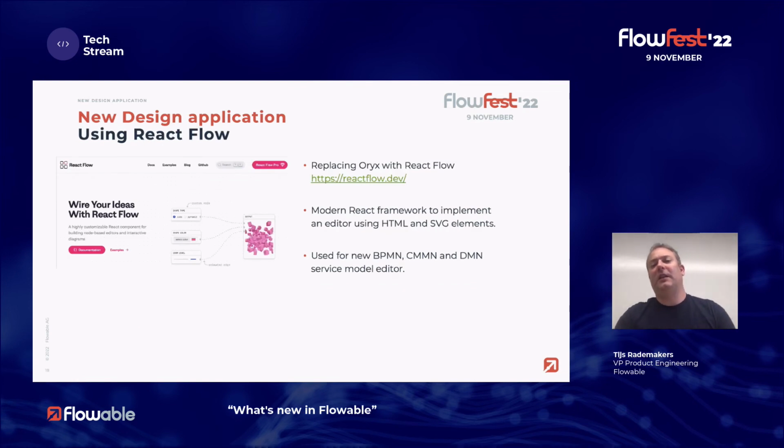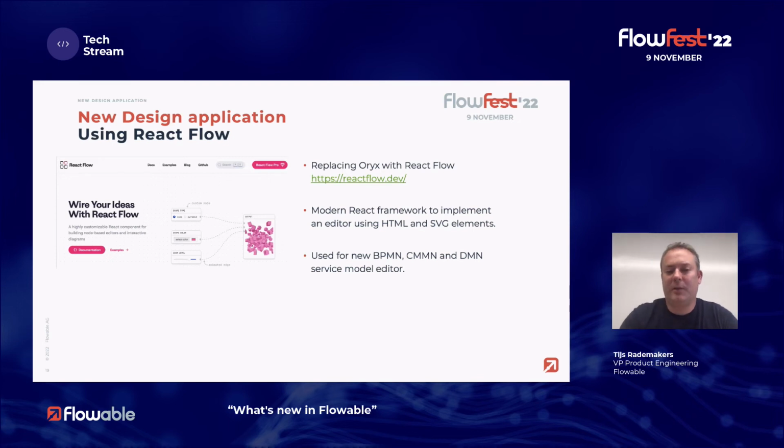So just focusing a bit also on the technical aspects of this new design application. We are using React Flow, which is basically replacing the Oryx framework in the current design. React Flow is a React framework that provides really nice drag and drop capabilities for your HTML and SVG elements. It's really a nice foundation to build a new editor upon.